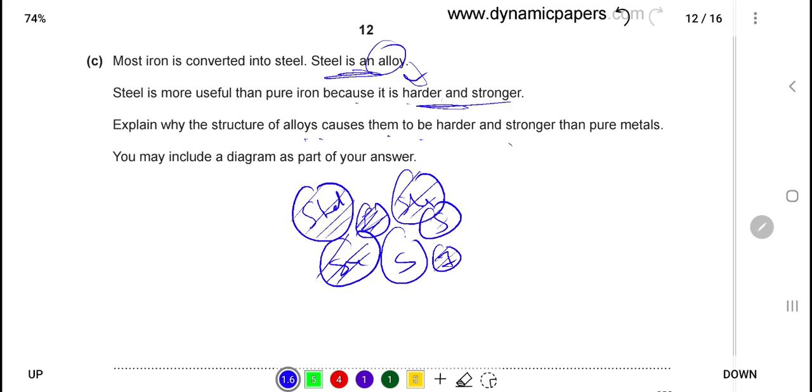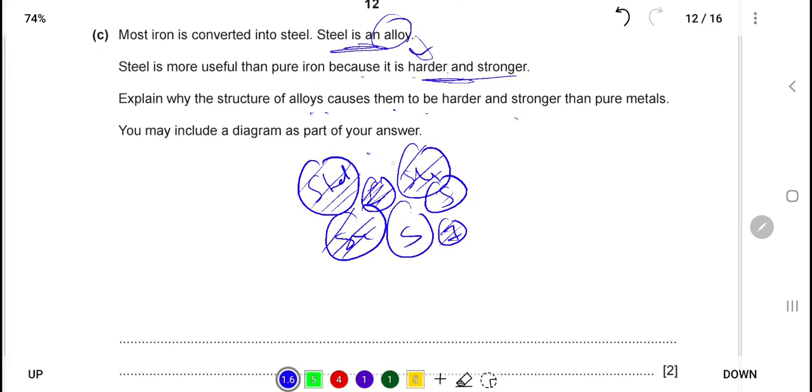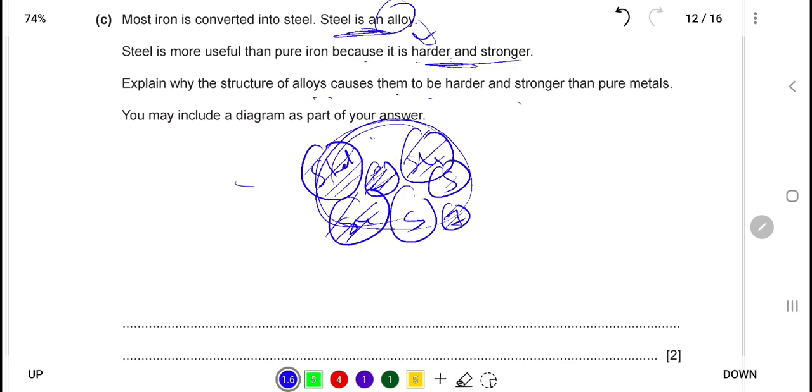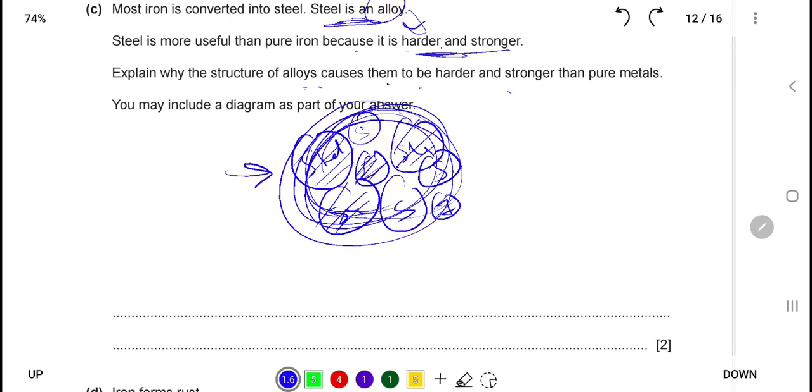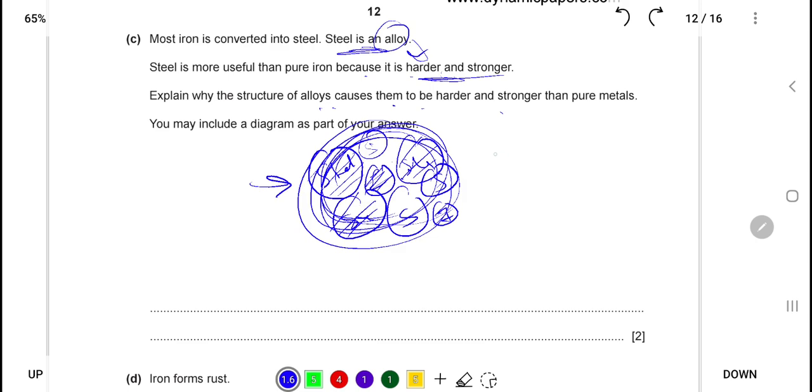Since there's a difference in size, the layers won't be able to move or slide over each other because they are not symmetrical in shape. This phenomenon exactly explains alloys: atoms have different sizes, so they can't slide over each other. So you need to write about it now.